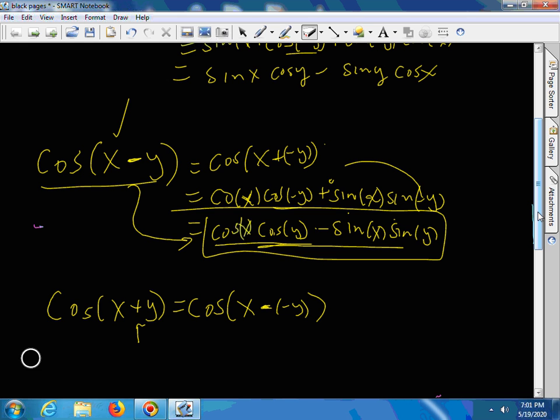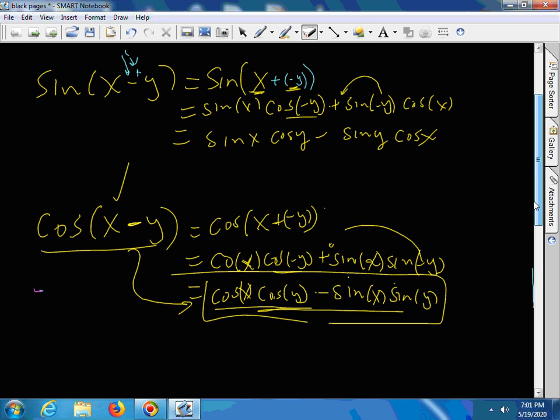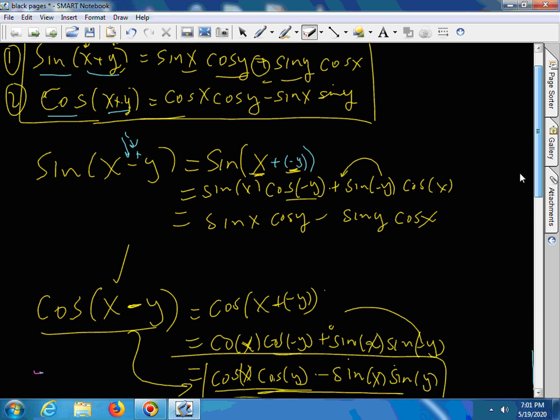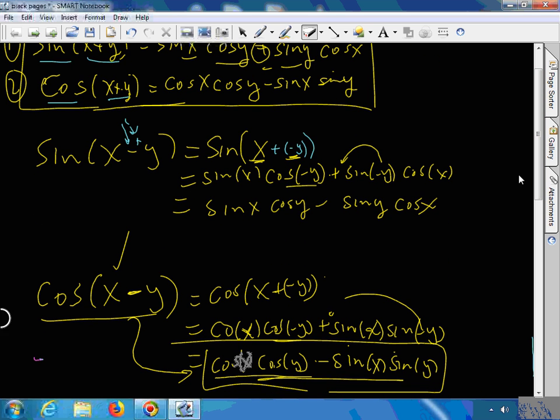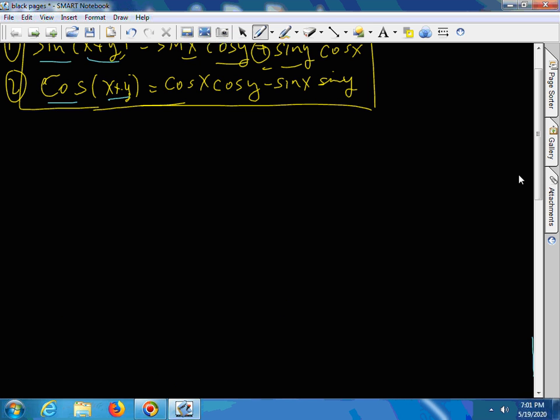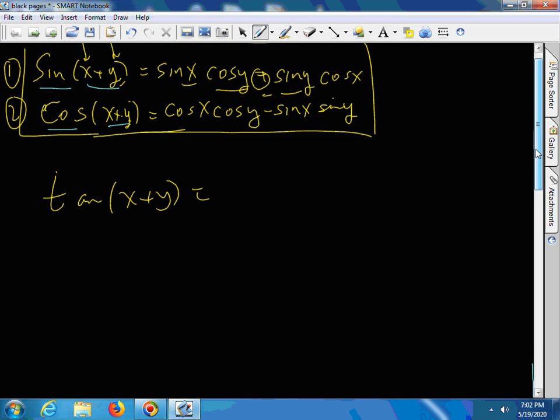Let's look at tangents. What is the tangent of x plus y? Now, we possibly could go back to that diagram or maybe draw another diagram and prove it, but we have it in front of us.